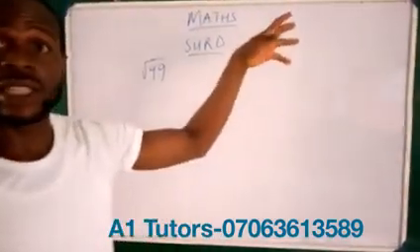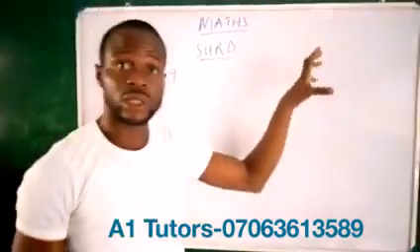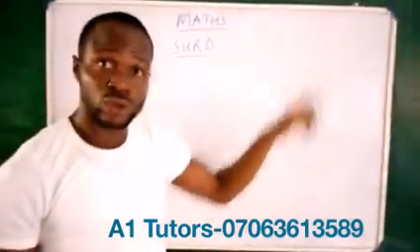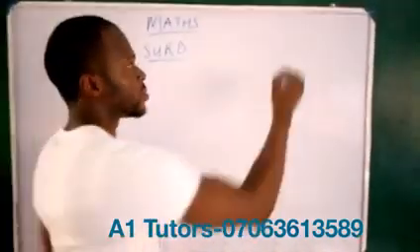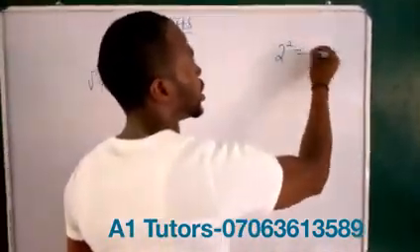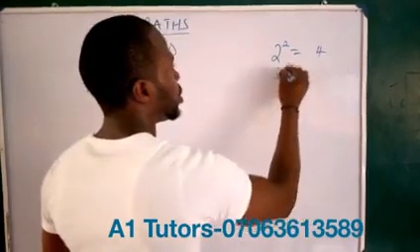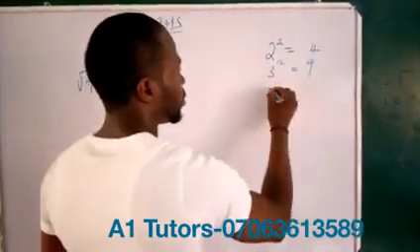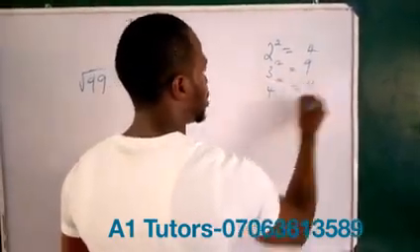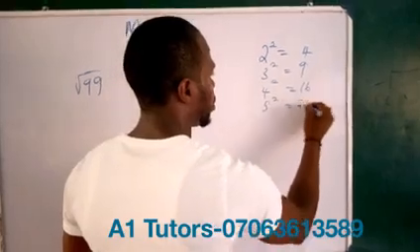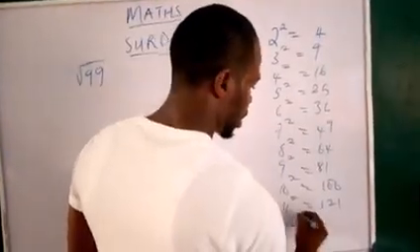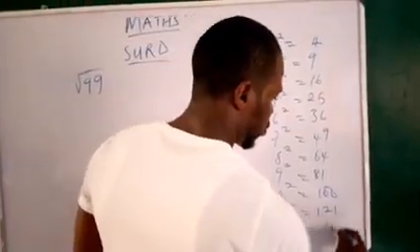Now first of all, we list the squares of numbers from 2 to 12. 2 squared gives us 4, 3 squared is 9, 4 squared is 16, 5 squared is 25, 6 squared is 36, and so on up to 12 squared, 144.